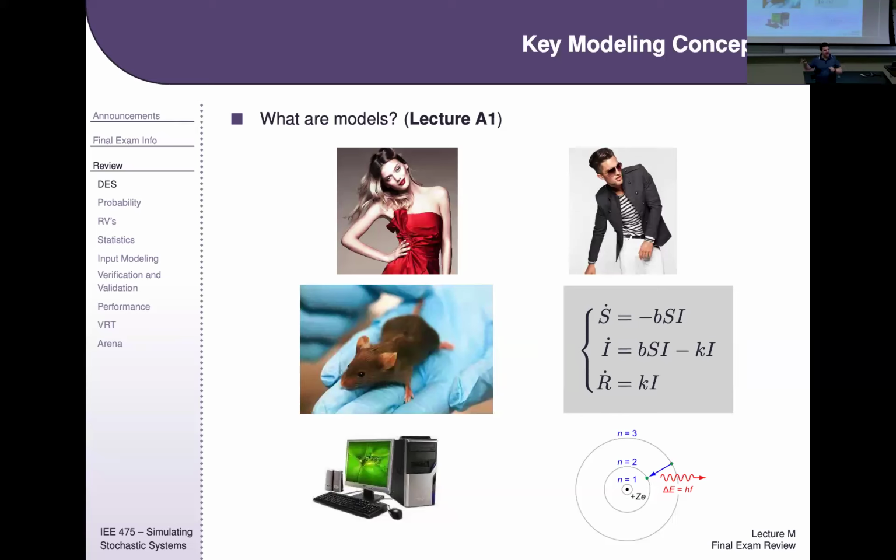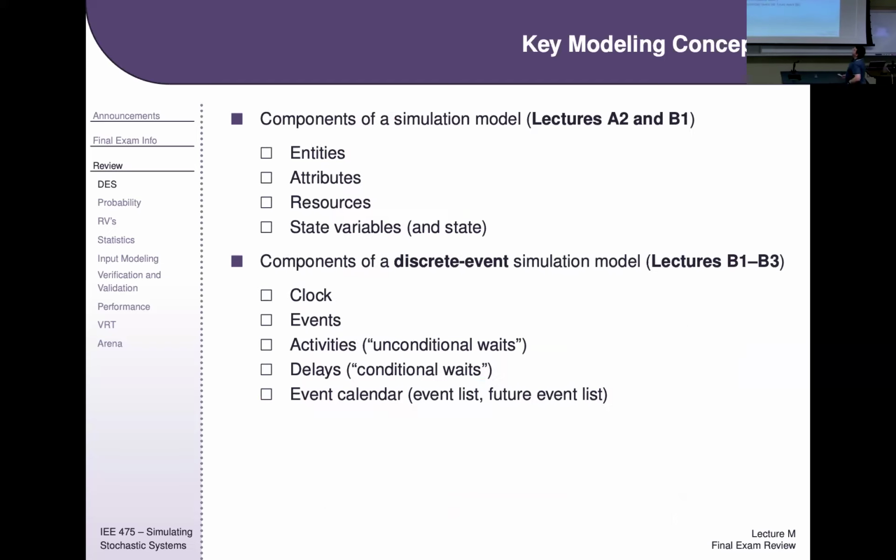As a reminder, go back to the beginning. I could definitely ask basic questions about what models are. Remember, a model is a what-if question. I could definitely ask you, so definitely know these fundamental definitions: entities, state variables, events, activities, delays, and so on.